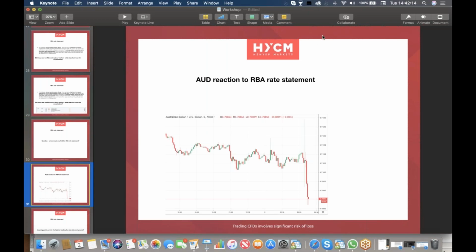Now this was the reaction to the RBA rate statement. This was a good example of how difficult the rate statements can sometimes be, particularly when they're not that clear. It was expected that the Reserve Bank of Australia would be quite negative. They weren't as negative as expected.